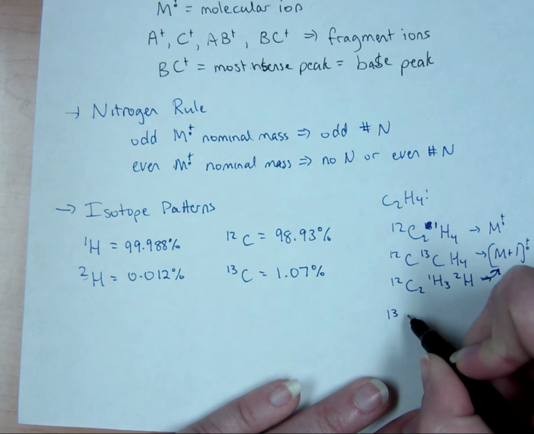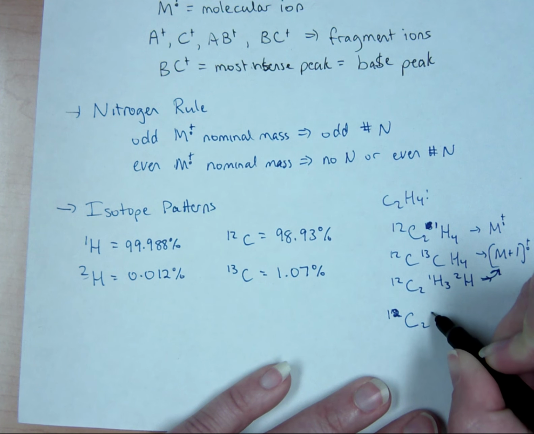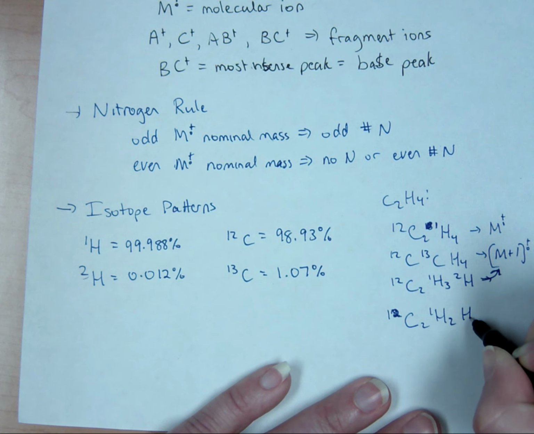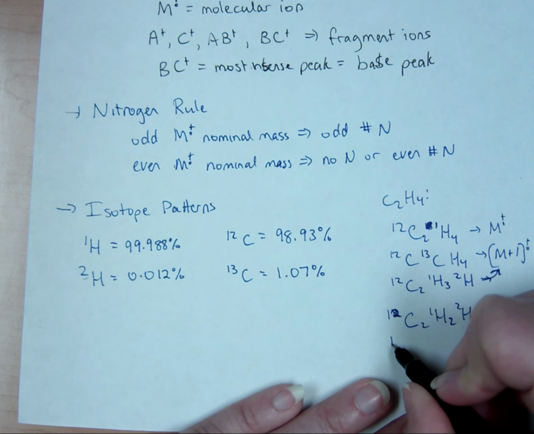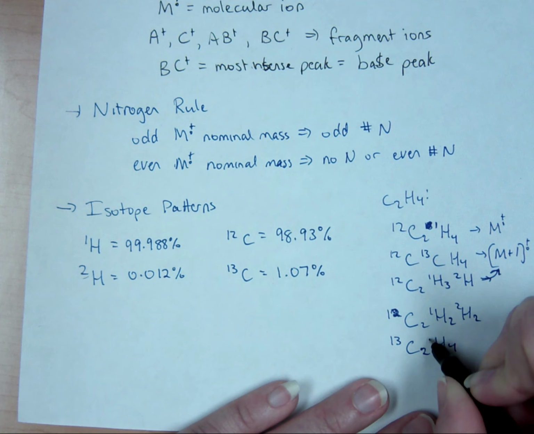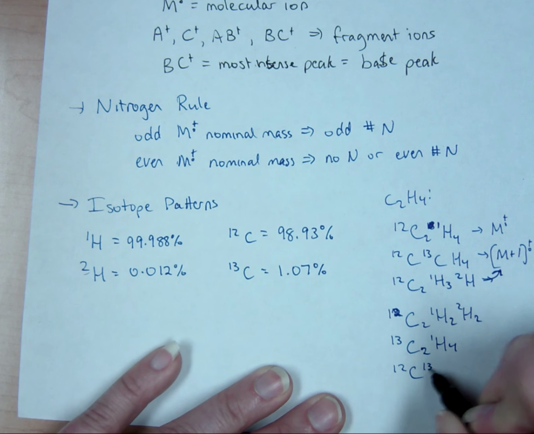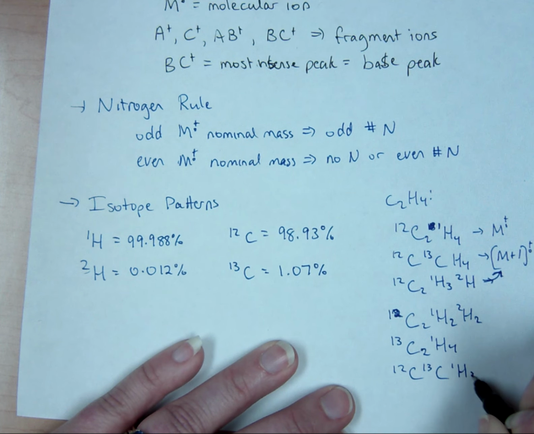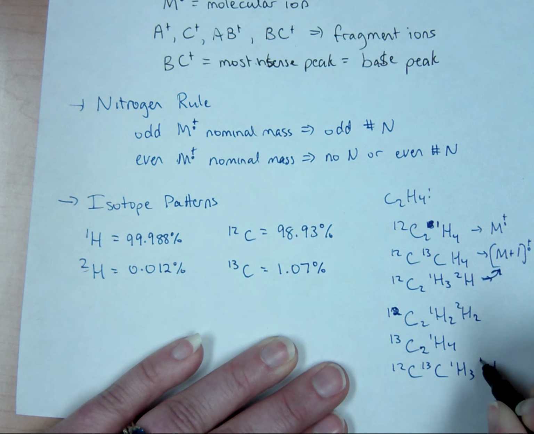Now getting to an M plus 2, we would need to have either 2 of our hydrogens being deuterium, or we could have 2 of our carbons being carbon 13, and all of our hydrogens being hydrogen 1, or we could have some combination where you have a carbon 12, a carbon 13, 3 hydrogen 1s, and 1 deuterium.